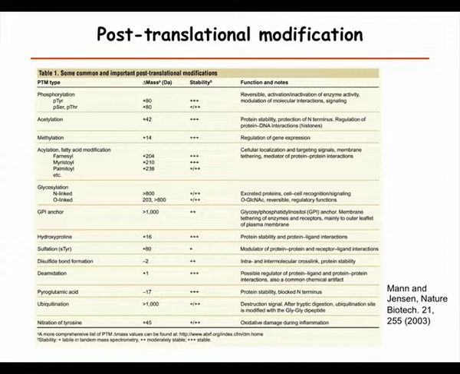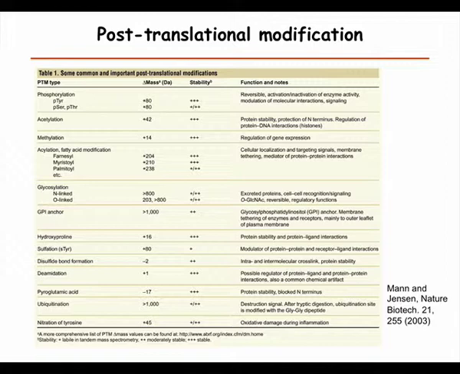There is a very large space of different modifications that are possible. But the ones that people study, and that are, as far as we know, the most important biologically, the list is not very long.